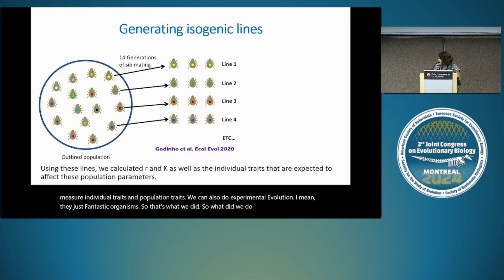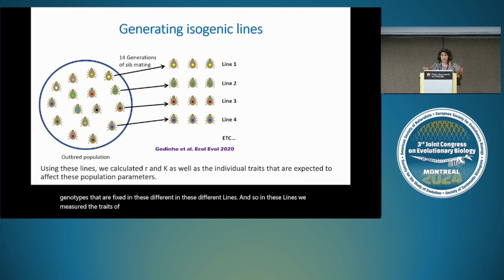We first generated isogenic lines of the spider mites, and for that we picked up an outbred population, and then we did 14 generations of sibmating, and so we have different genotypes that are fixed in these different lines. And so in these lines we measured the traits of interest.